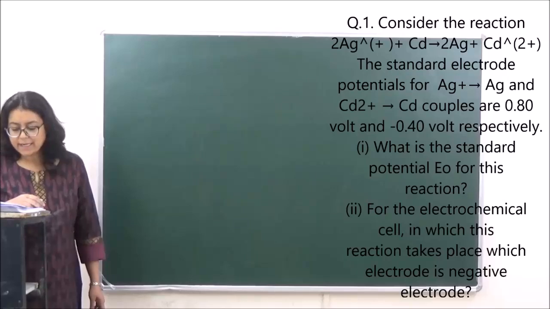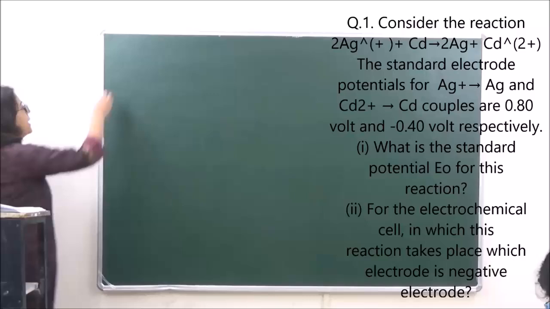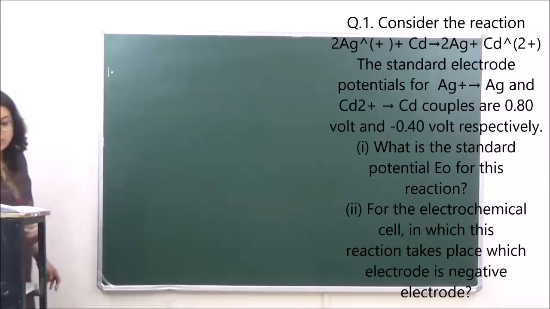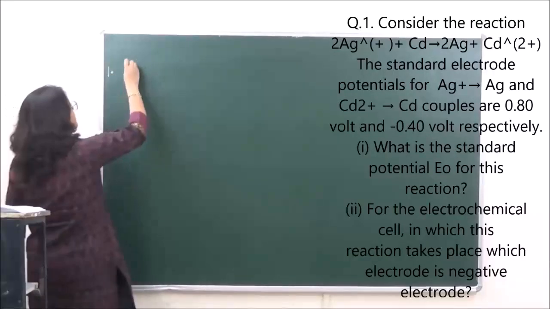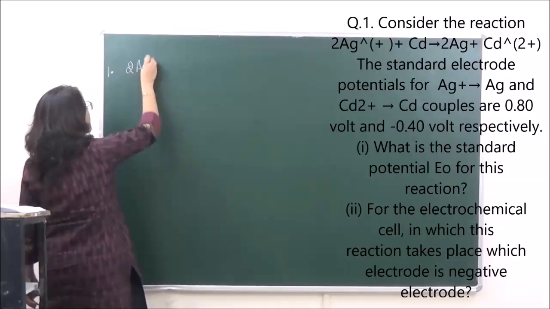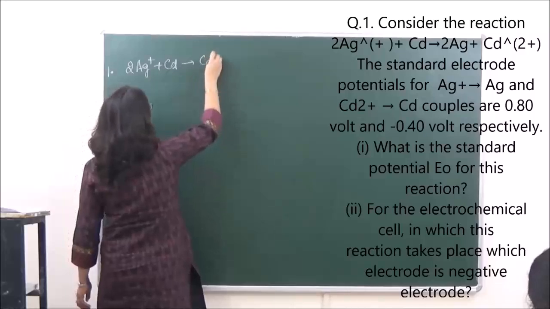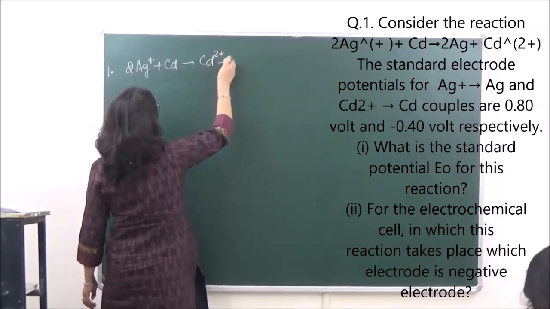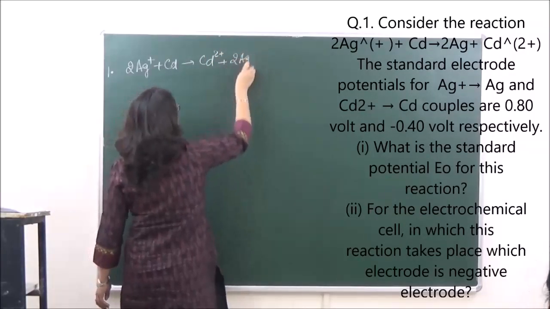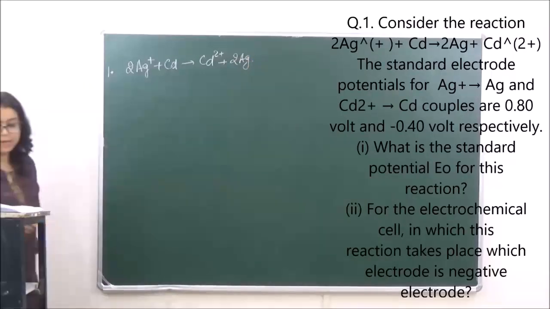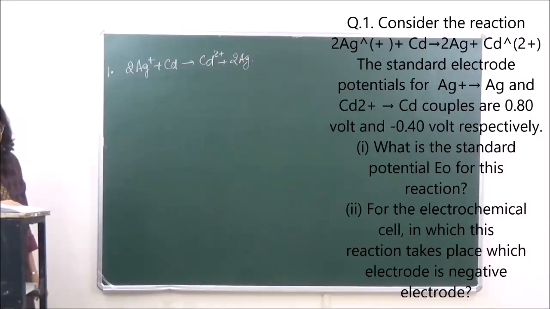What is the standard electrode potential for this reaction? So if you're looking at the reaction over here, the reaction is 2Ag positive plus Cd to give us Cd2 positive plus 2Ag. Okay, this is the reaction which is given to us.